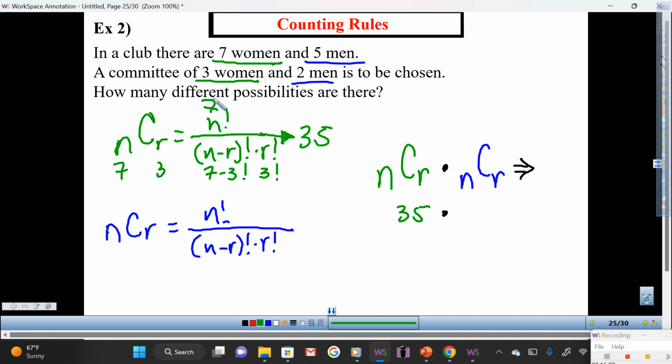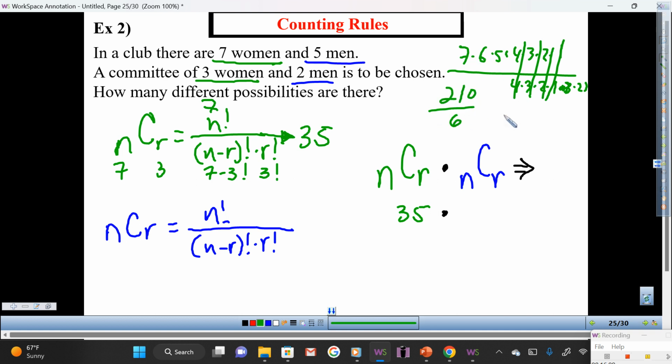All right. 7 factorial, so then we have 7, 6, 5, 4, 3, 2, 1 over 7 minus 3, which is 4. 4, 3, 2, 1 times 3, which is 3, 2, 1. So then this is 210 divided by 6. Is that correct? And that gives us 35.